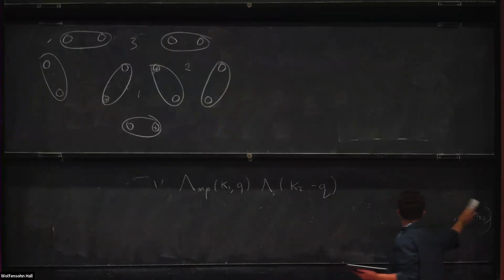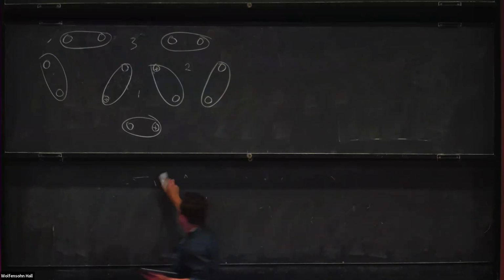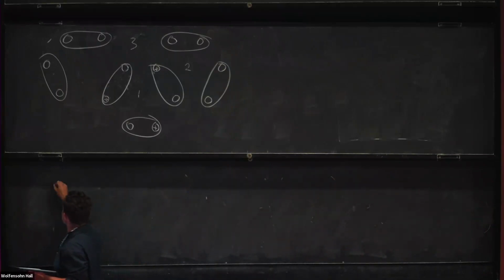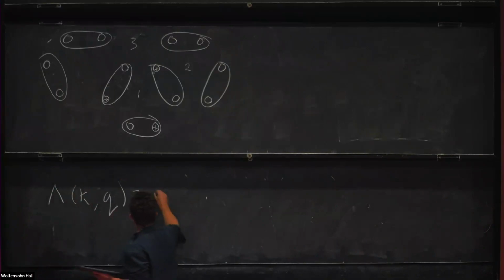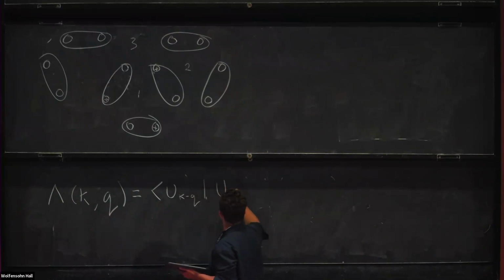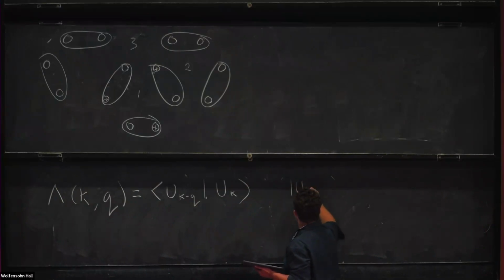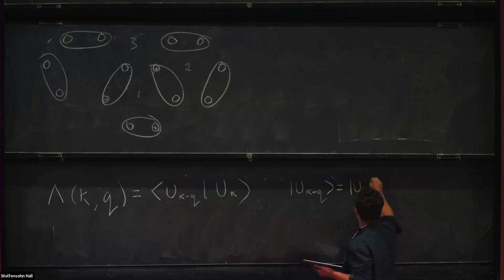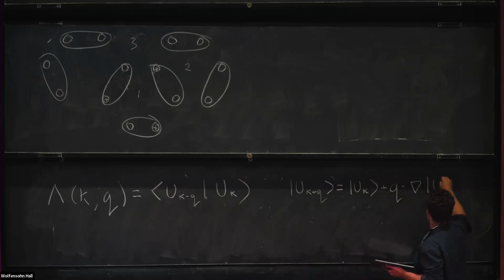So if we write in a compact notation, we can say that lambda at k,q is just the overlap of Bloch vector u at k minus q with u of k. And when q is small, we can assume that u of k plus q is equal to u of k plus q times the gradient of u of k.